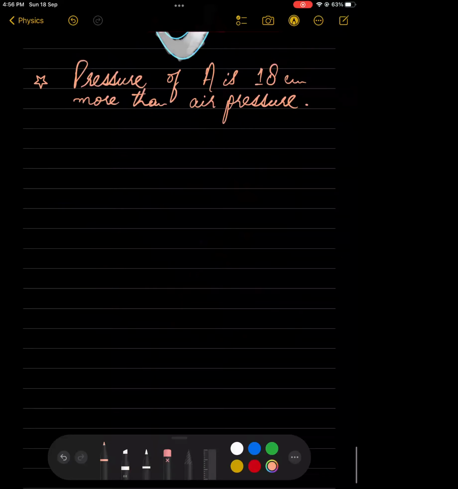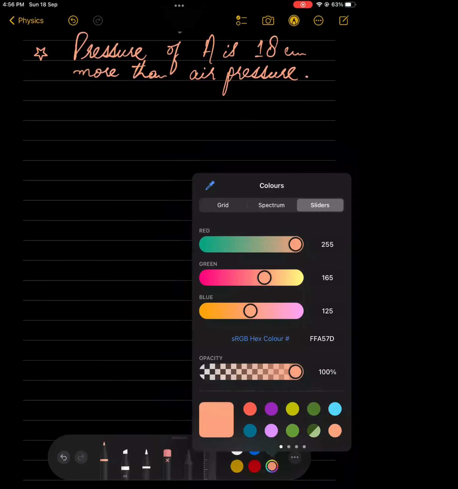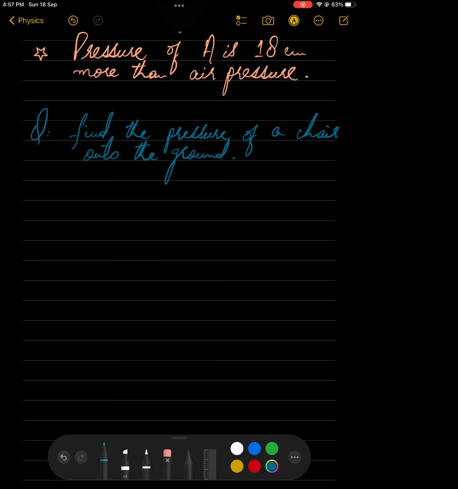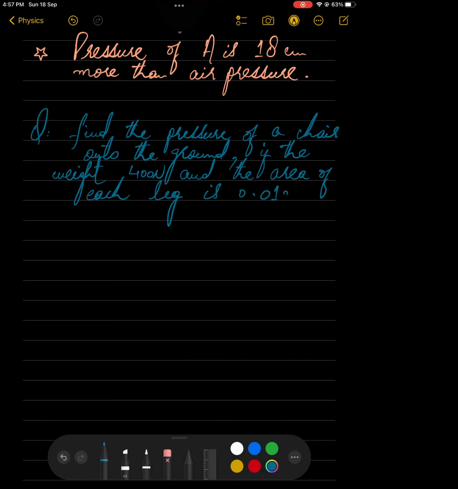Now moving on to a past paper question. We had a question in which the examiner was saying that you need to figure out the pressure of a chair onto the ground if the weight is 400 and the area of each leg is 0.01 meter square.